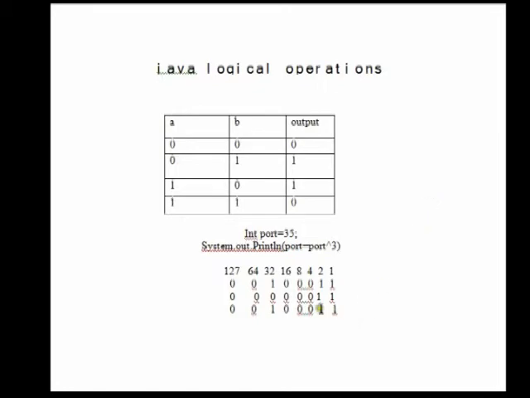The logical shifts work like this. If we shift by 3 to the left, we write 35 here first, and then we logically shift it, so it goes 3 places: 1, 2, 3.